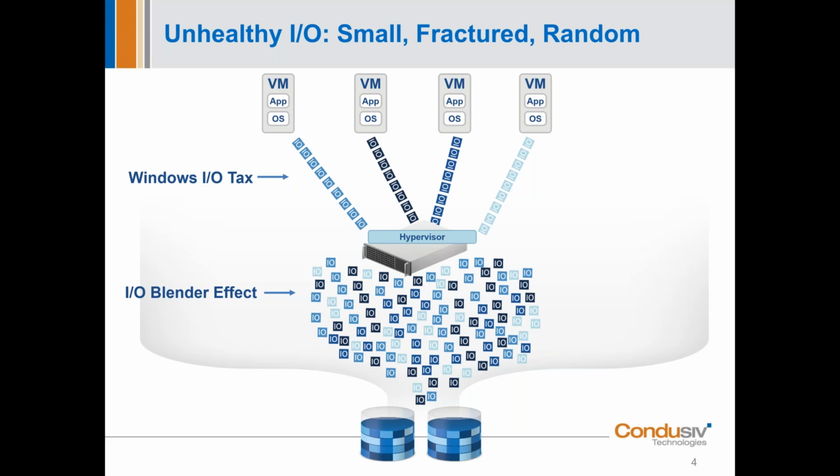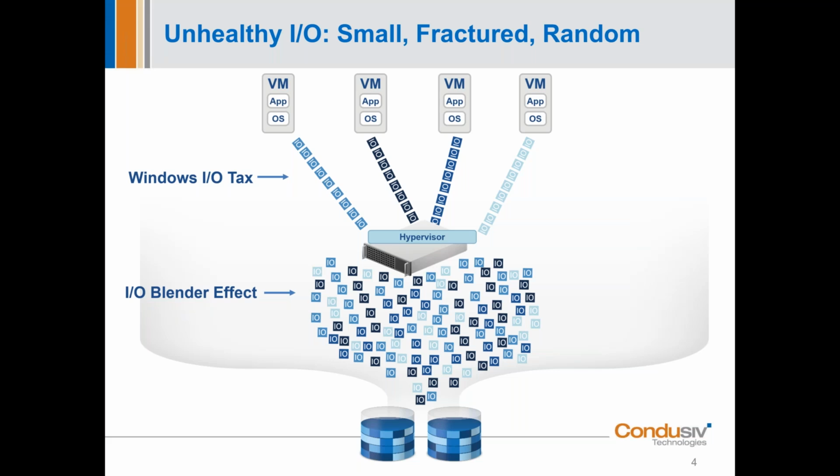In a virtualized environment, this performance penalty can be amplified by something called the I/O blender effect. And what's happening here is that you have small fractured storage I/O packets coming from the virtual machines. And as they get funneled through the hypervisor, it mixes these I/O streams together, causing a randomization effect.